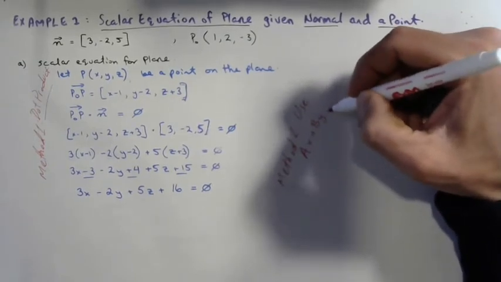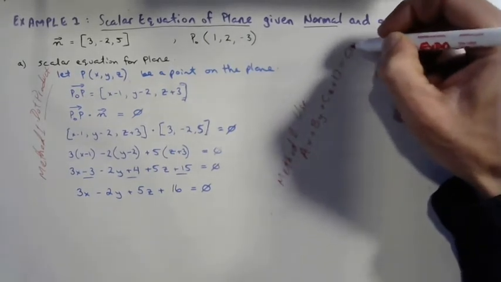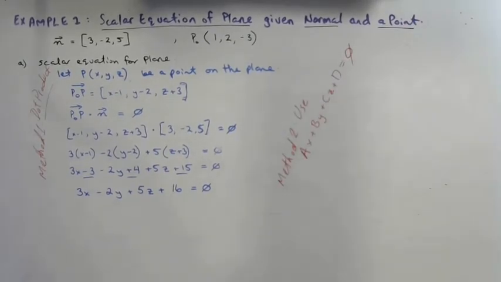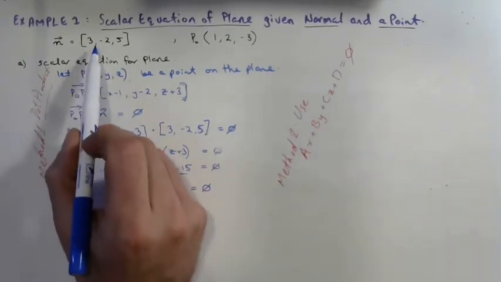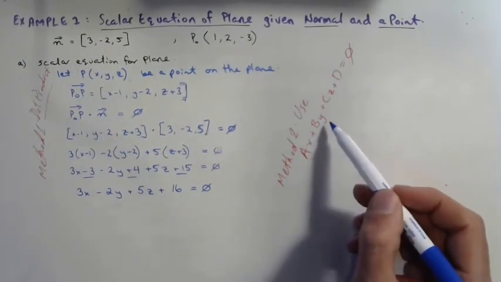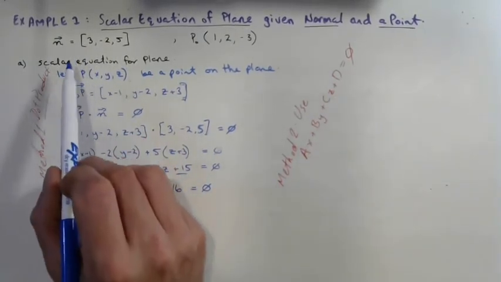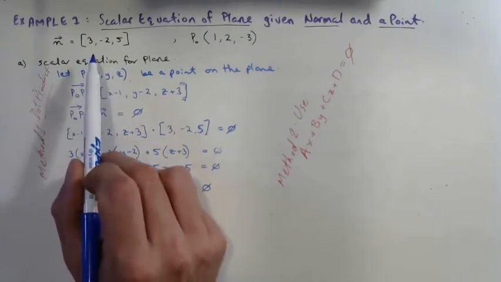So ax plus by plus cz plus d equals 0. If that's the standard form that we're going for, we know something else about the components of the normal vector. The components of the normal vector are the coefficients of x, y, and z in the scalar equation for the plane. We learned that last lesson.